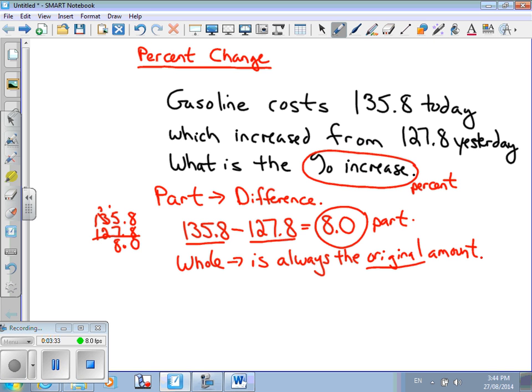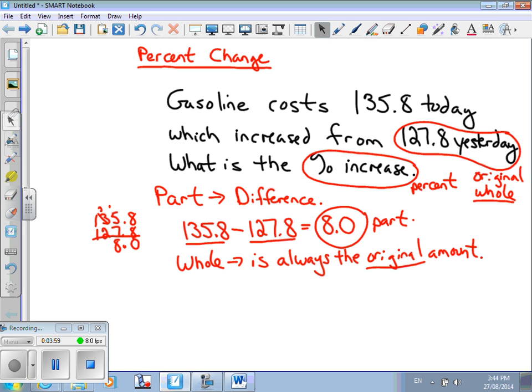Take a look at the question. The question's talking about how much gas increased, and so the original amount's going to be your lower amount that it was yesterday. 127.8 was yesterday's original amount, and so that's going to be our whole.